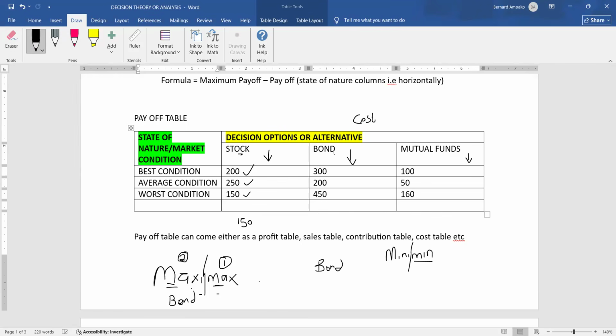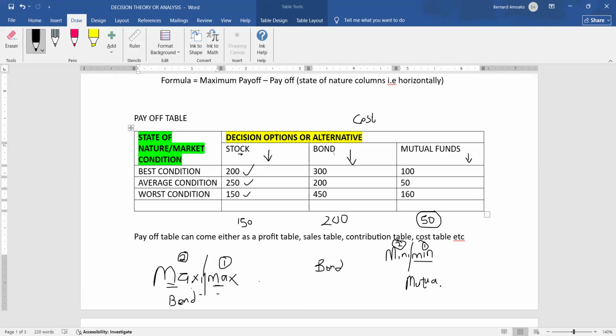The minimum for bond is 200. And the minimum for mutual fund is 50. We have determined the minimums first. So what is the minimum of the minimums? Mutual fund, which is 50. So 50 is the minimum of the minimum, which is mutual fund.